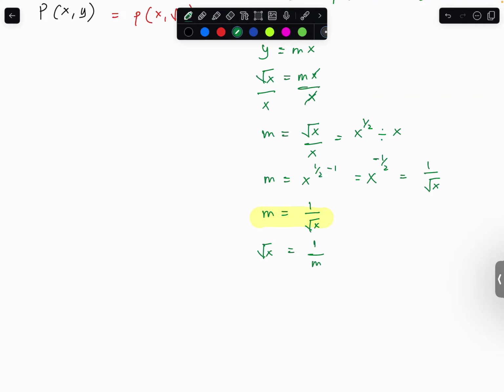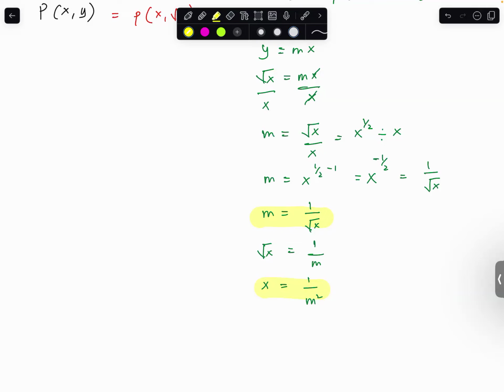Now if we square both sides, then we have x equals 1 over m squared. Let's highlight this and reserve it. So we have expressions for x and for y.